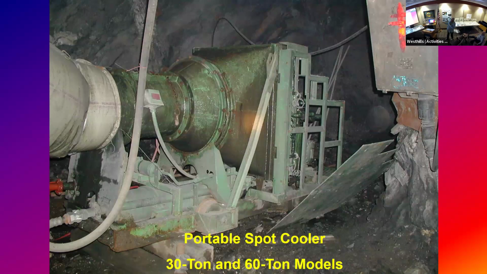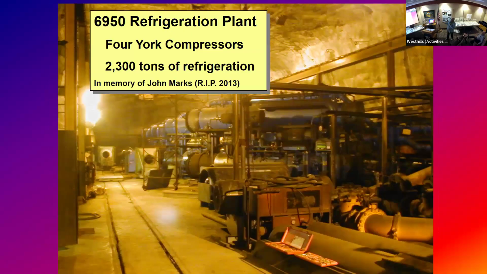Underground air conditioning is a little bit bigger than what you'd put in your house. There were 30-ton and 60-ton portable air conditioners. And then there was the 1969 or '70 refrigeration plant designed and built by John Marks. The scale of this building is pretty incomprehensible.